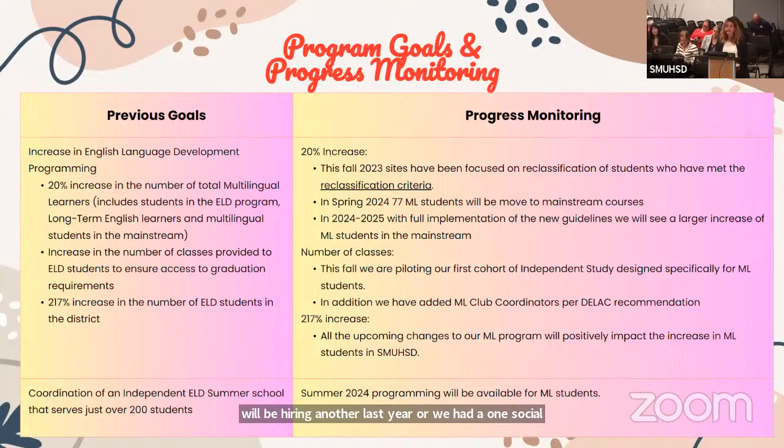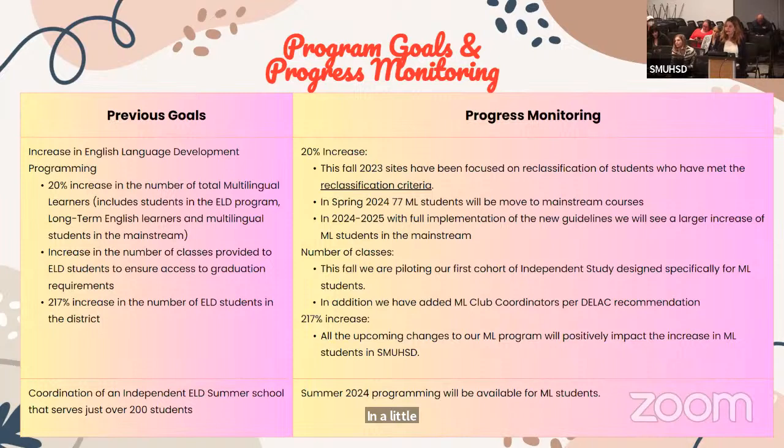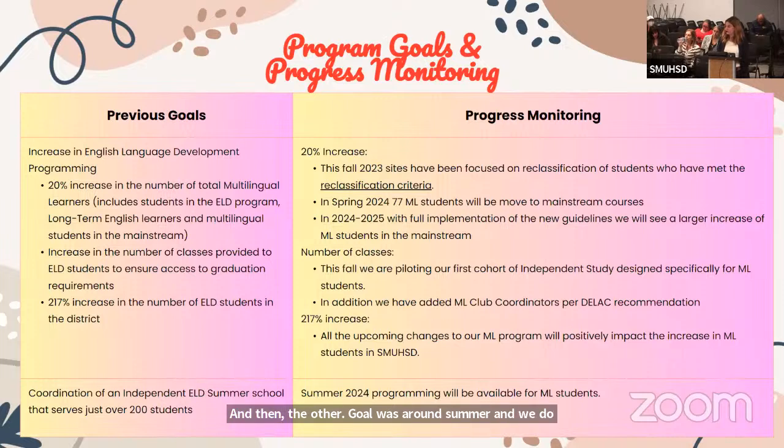And due to the increased need, we will be adding another social worker whose focus will be for multilingual learners. And then the other goal was around summer, and we do intend to continue the summer program specifically for our multilingual learners in summer 2024.